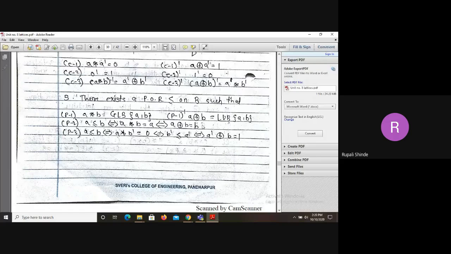Then if you perform star operation on these two elements, you will get A star B equal to A, and A XOR B equal to B.